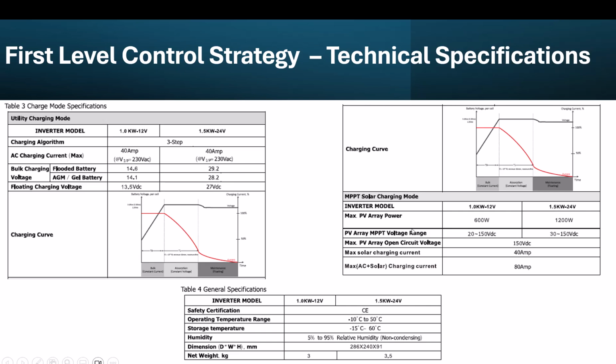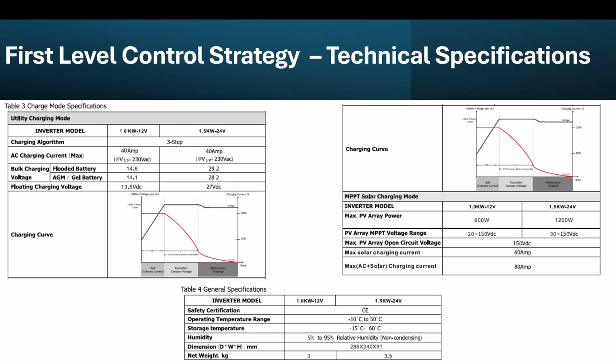In terms of the voltage range, it ranges from 20 volts DC to 150 volts DC for the 1K, and 30 volts to 150 volts. So this is the operating voltage that you can connect. This sets your boundaries of control.